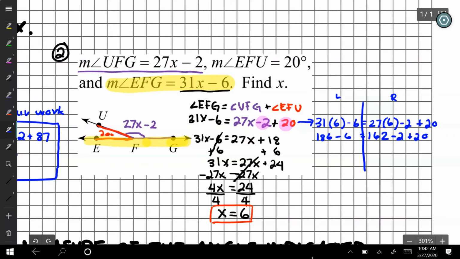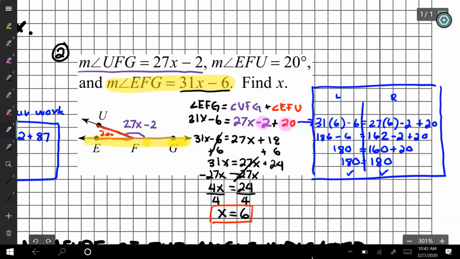Alright, so 186 minus 6 is 180. 162 minus 2, we're going to do this in steps, is 160 plus 20. I'm going to bring down that 180. 160 plus 20 is 180. I have the same thing on both sides, so my answer is correct. And again, this is just our check your work box.